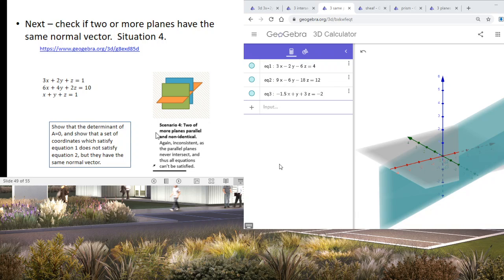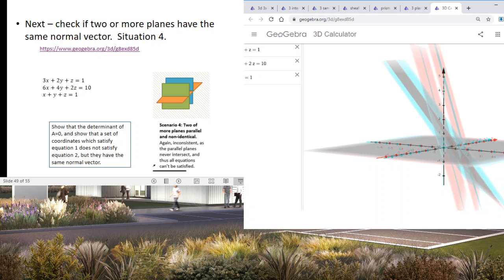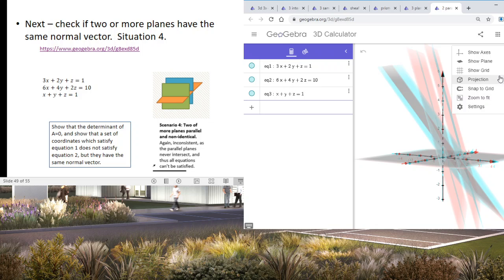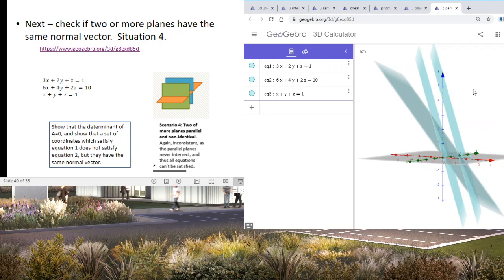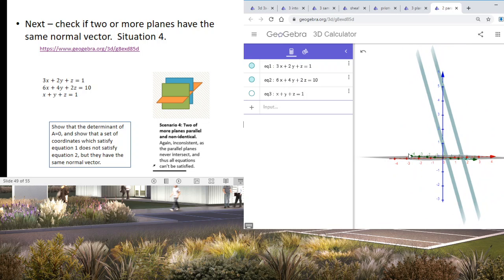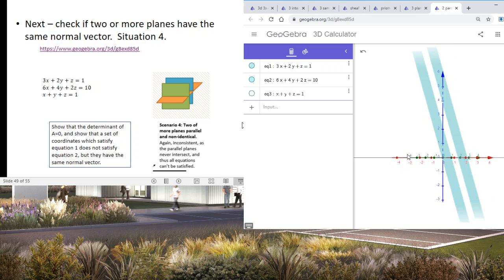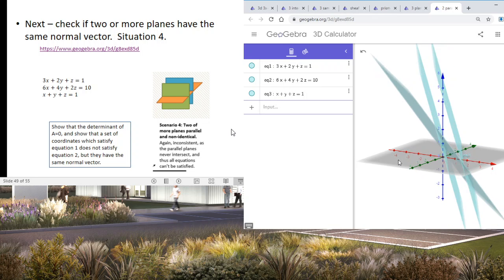Let's find the correct one. Here we go. So I have equation 1 and equation 2 on there. 3, 2, 1, 6, 4, 2. They're both on there. Same normal vector, parallel. Equation 3 is not parallel to those two and crosses through them.